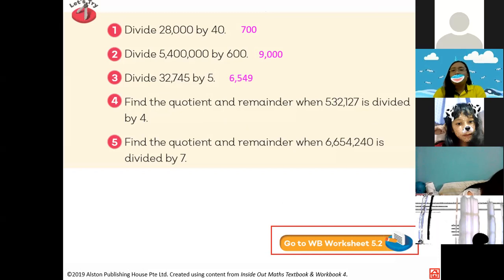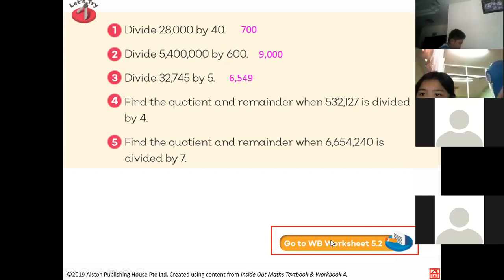What about Boom? Number 4, find the quotient and remainder when 532,127 is divided by 4.